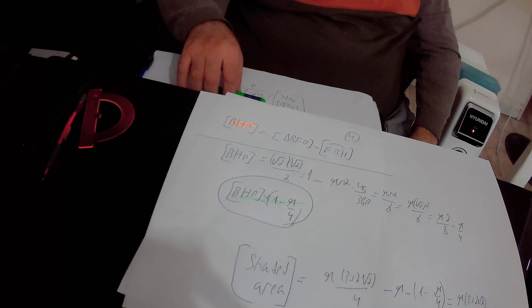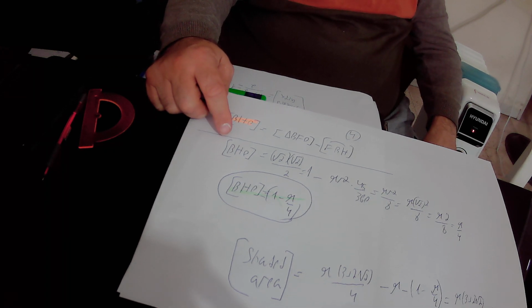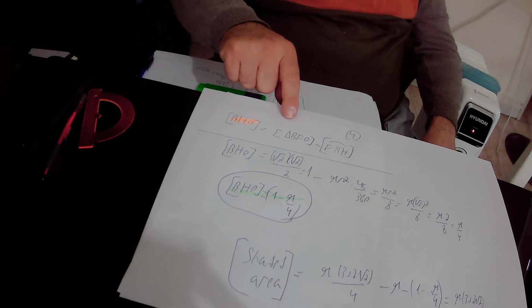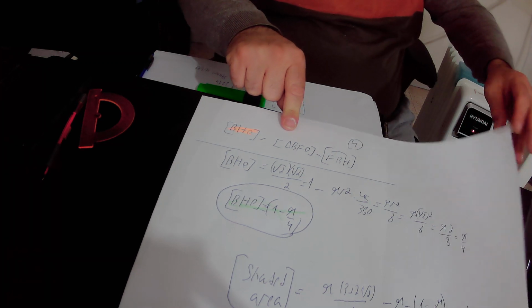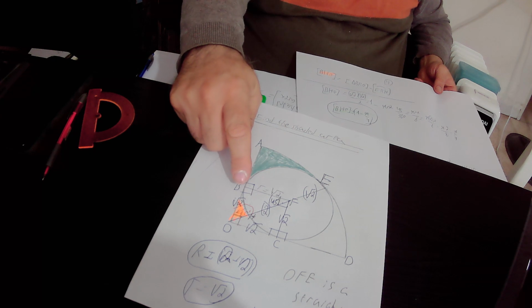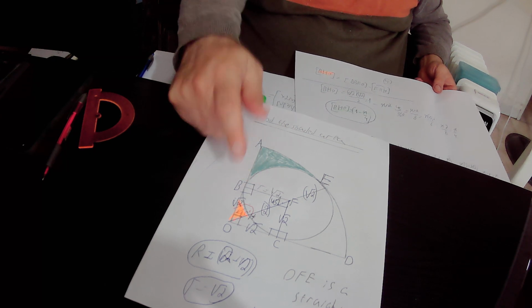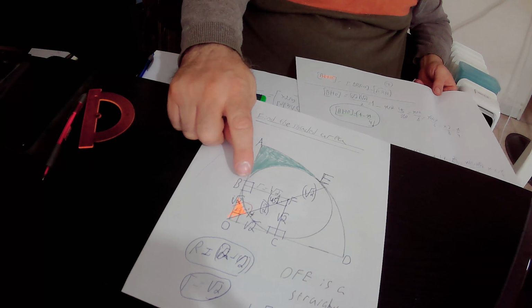So the size of shape BHO is equal to the area of the right isosceles triangle BFO. The area of any triangle is the base of the triangle times the height to the base over 2. The base and the height are equal to each other in length.